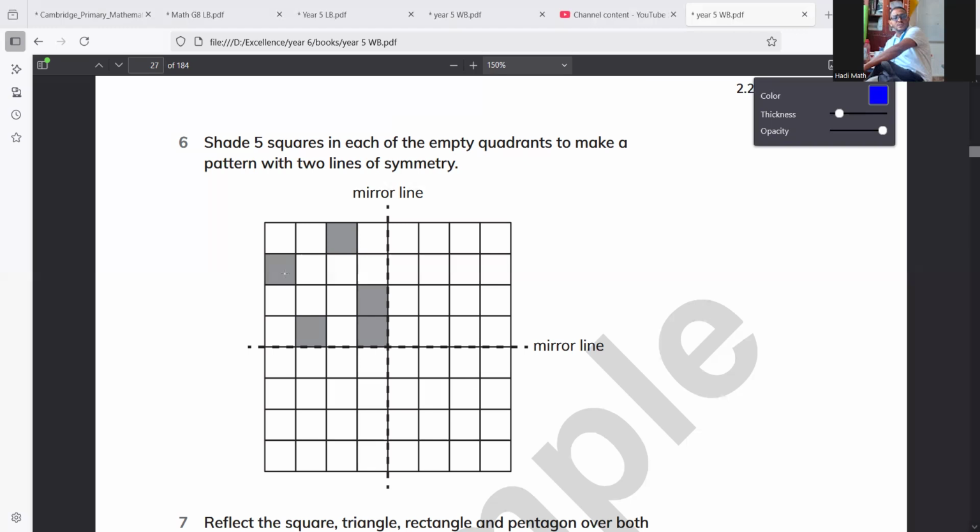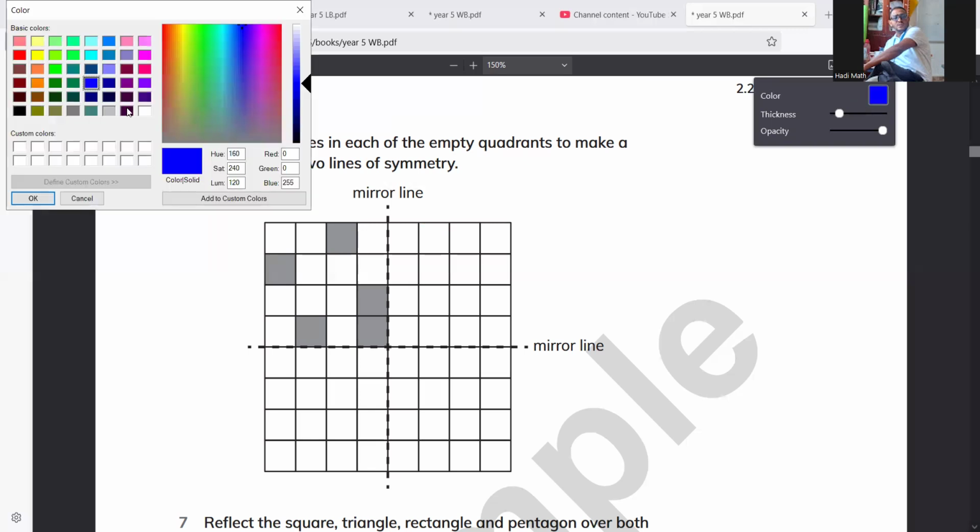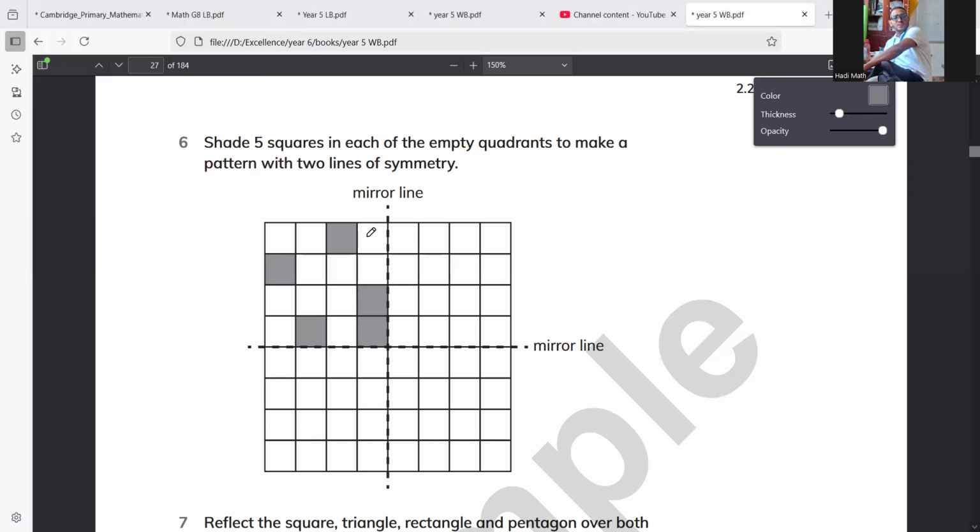Regarding this one, this is the mirror line. Count one space, one square empty and one shaded, so you shade it over here. Regarding this one, we see how far it is from the mirror line. One square is empty, then the mirror line.